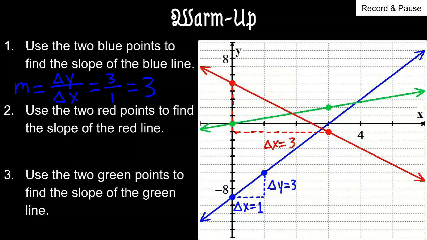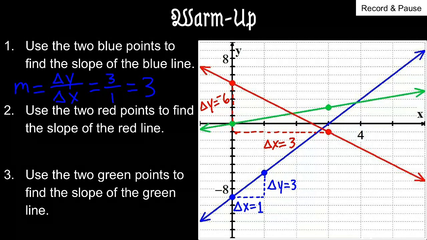And our delta y, as we go from this point down to that point, is down 1, 2, 3, 4, 5, 6. So our delta y equals negative 6. Because we're going down, our delta y will be negative.